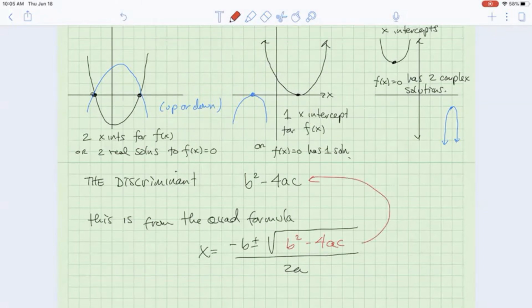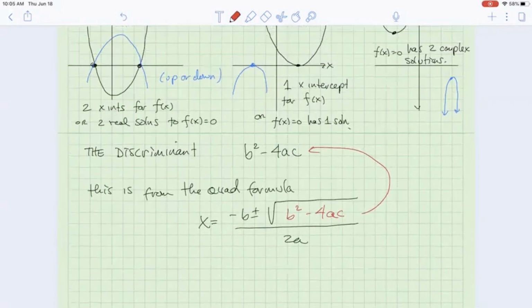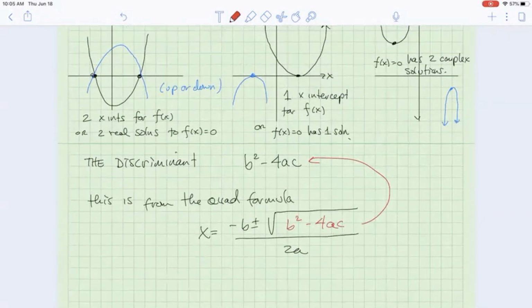Now, why is that so important? Well, these three situations are completely determined by this discriminant.